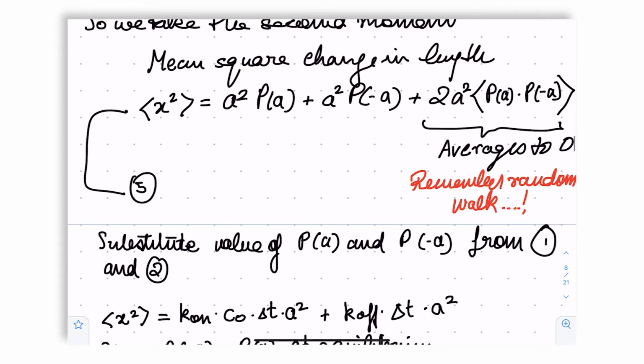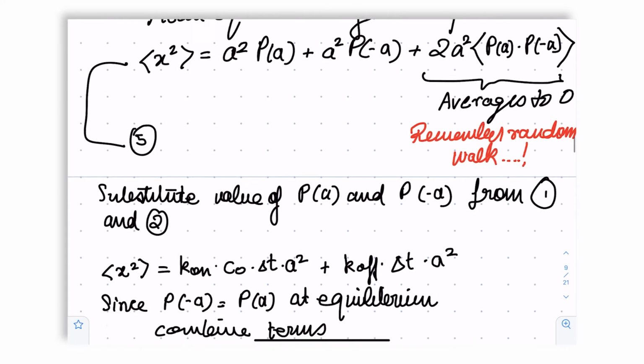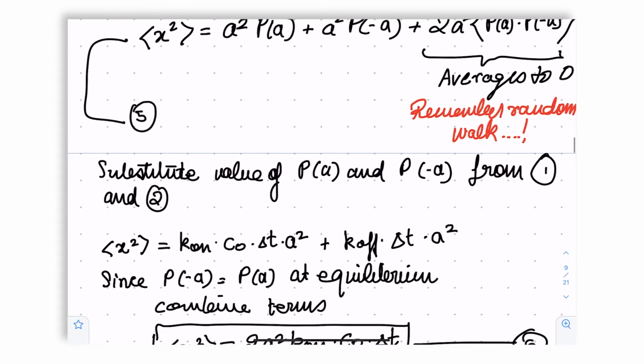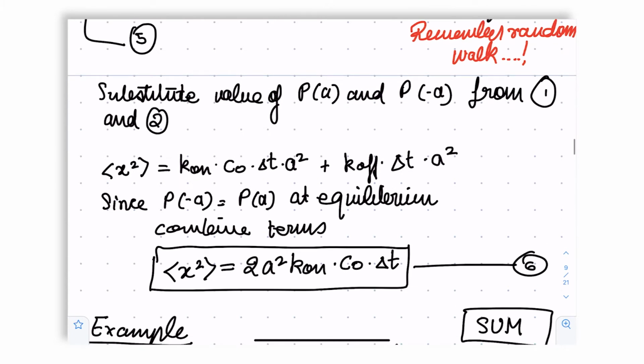P of a and P of minus a are identical, and therefore we end up with a term that combines the rate constants, k on times c naught times delta t times a square plus k off times delta t times a square, into either 2a square k on times c naught delta t, or we could have written it as k off delta t a square. Either way works.